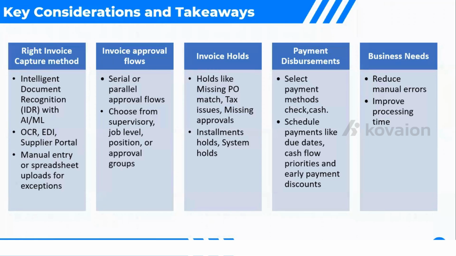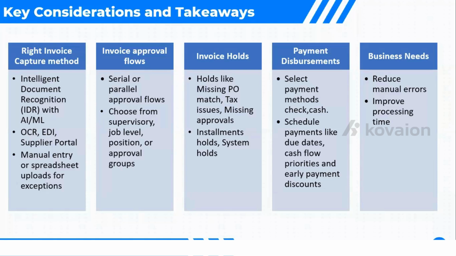And for the invoice approval flows, there is an option of serial approval, where the hierarchy would be the first user which is creating the invoice, and next it can be moved to the line manager, and next to the higher level manager to be approved like that.